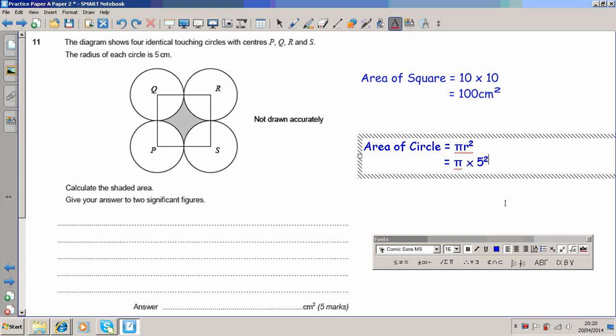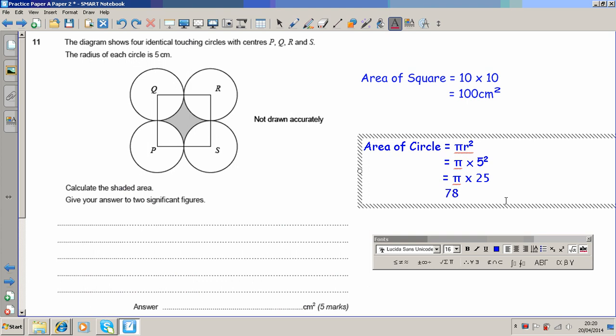So pi times 5 squared. Pi times 25. So on a calculator, pi times 25 will give us 78.5398164 centimetres squared.